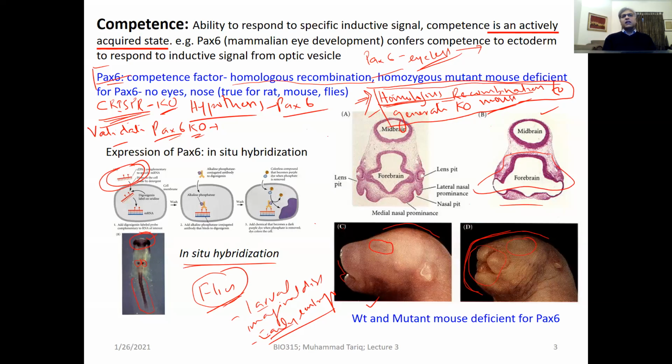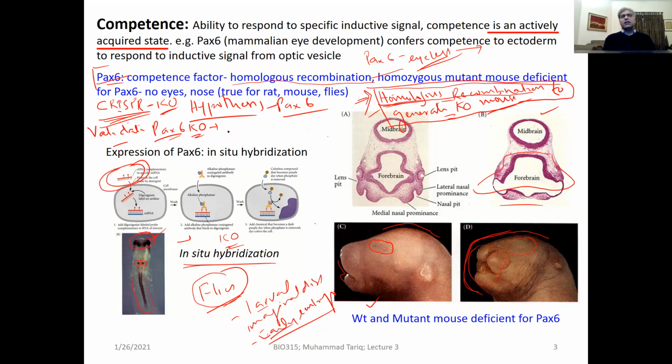However, when we look at the knockout at the same stage, we see this signal is missing. So what we see is that with the deletion or knockout of PAX6, the expression of PAX6 is missing.